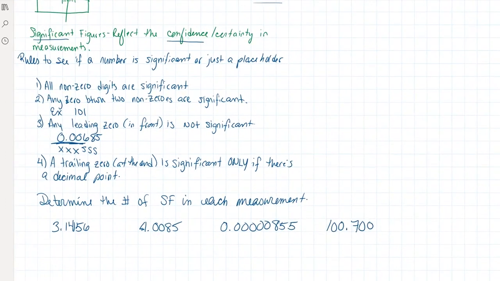Let's say I had 150,000. So what we're going to do is take a look at our rules and determine the number of significant figures in each measurement.